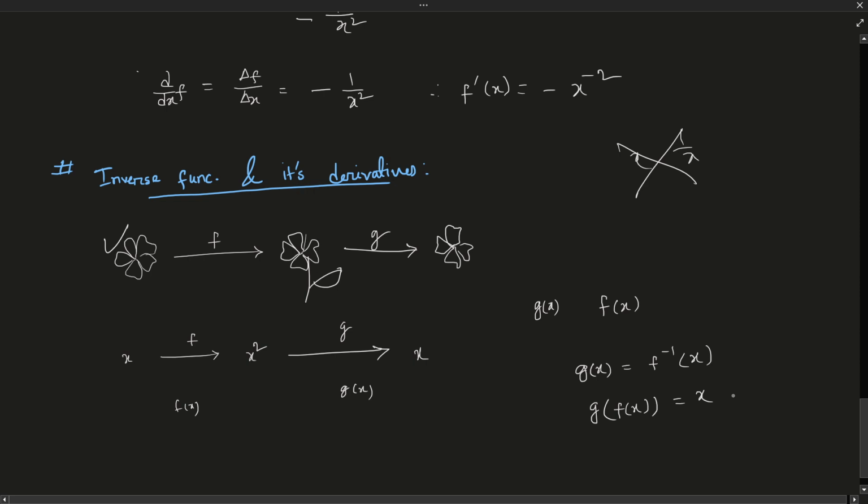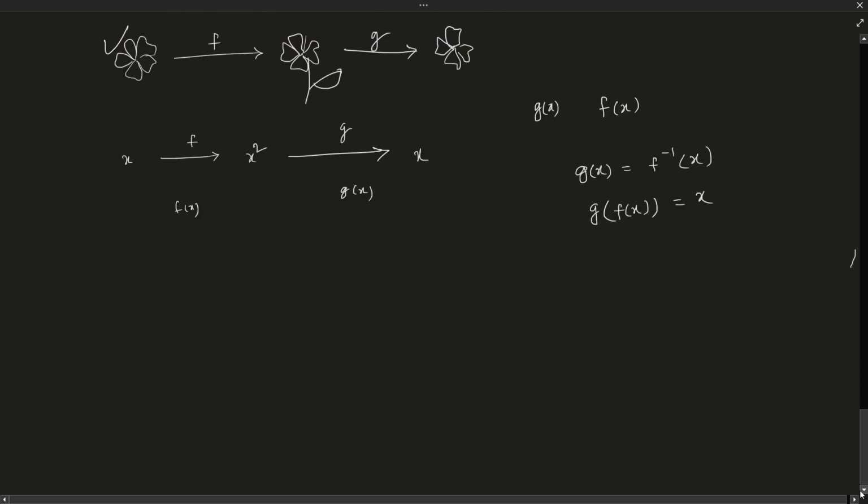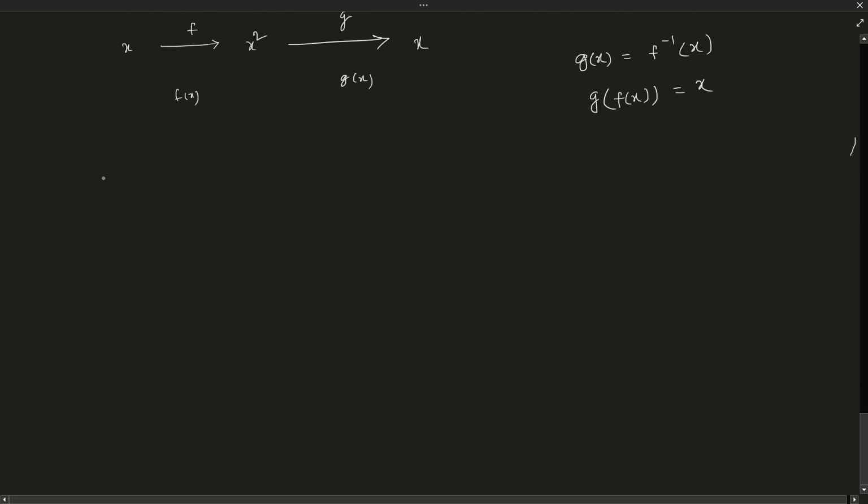Okay, now let's see the derivatives of these. Let me draw a graph. I'm trying to draw a graph here.